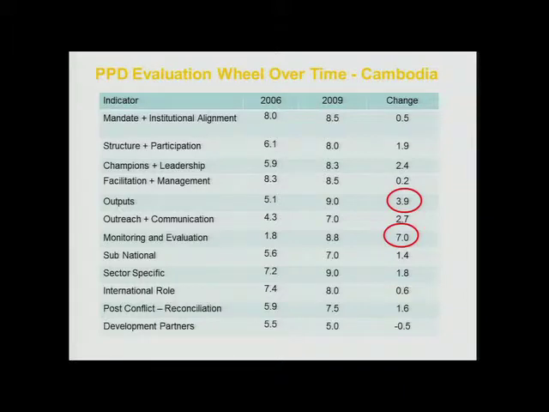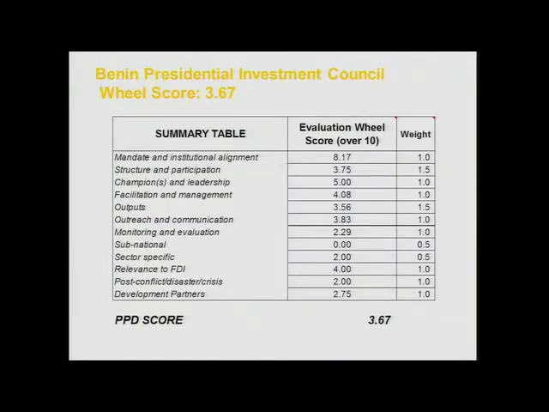And in 2009, they had done a lot of documentation and they had put a system in place to capture the results, monitor them, and report those results. And that shows up in the system here.